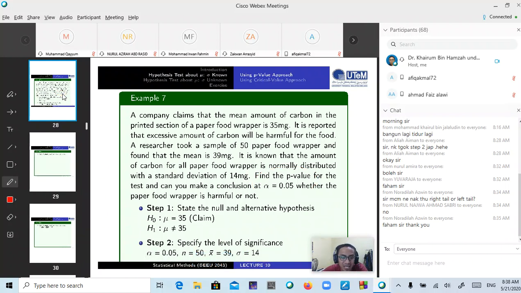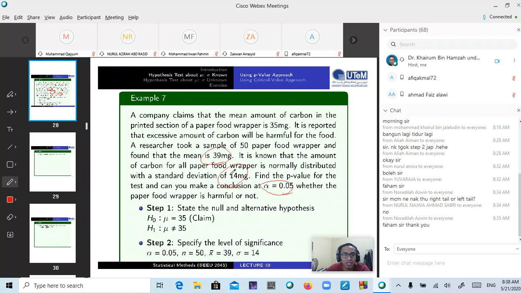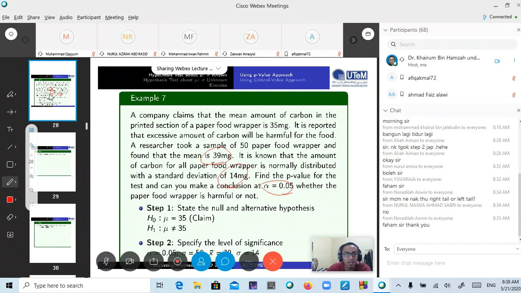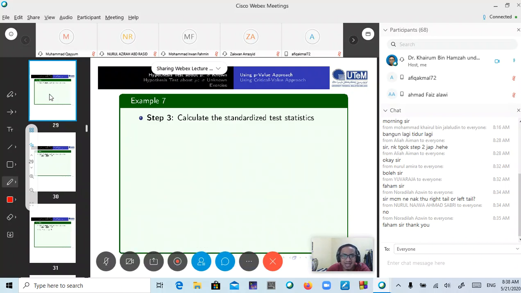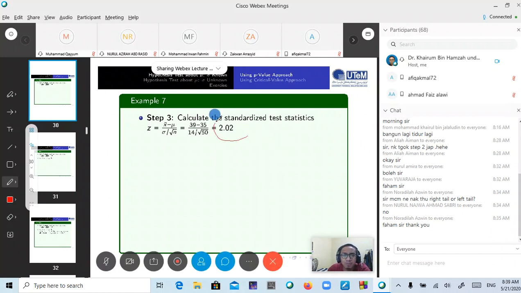So your alpha equal to 0.05 here. Your X bar equal to 39. Your sigma equal to 14. Since you already have all the item needed in order to solve the step 3, so awak boleh proceed kepada step 3, calculate the value of Z. Okay. Bila you calculate the value of Z, you can get 2.02.